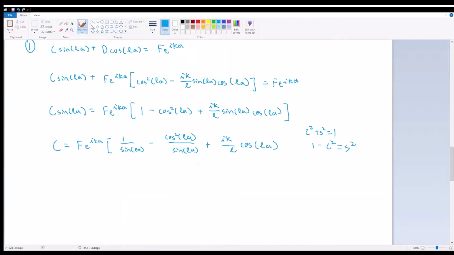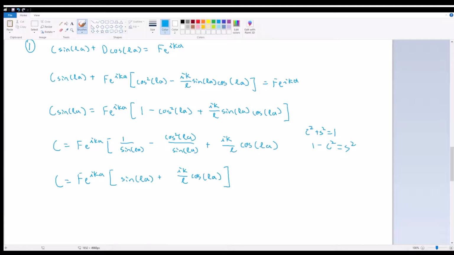So this is equal to F e to the IKA times sine squared LA over sine LA, because I combined these two fractions. 1 minus cosine squared LA at the top becomes sine squared LA. These two cancel out. I just get sine of LA added with IK over L cosine LA.